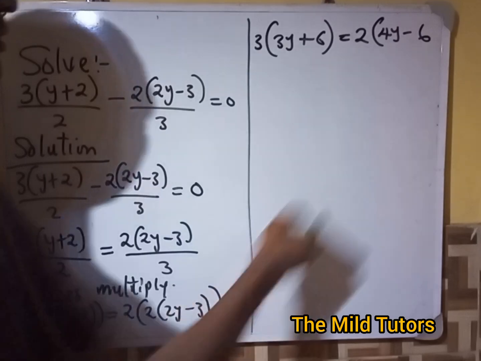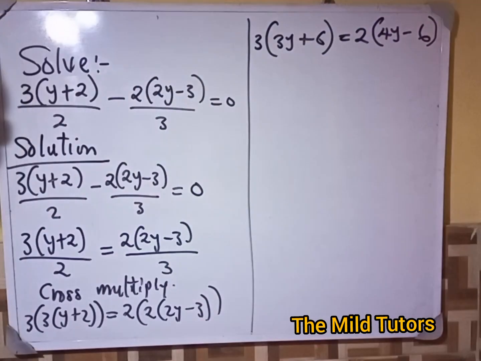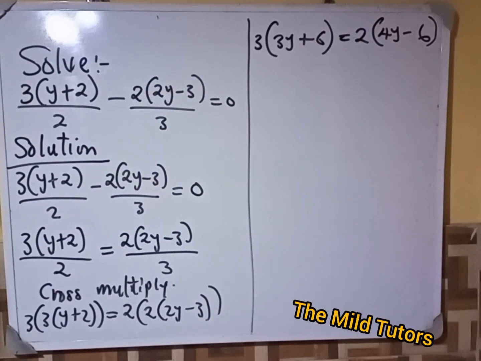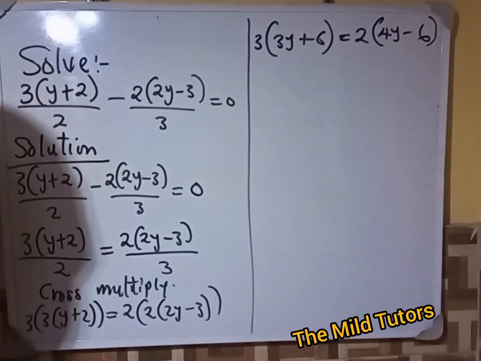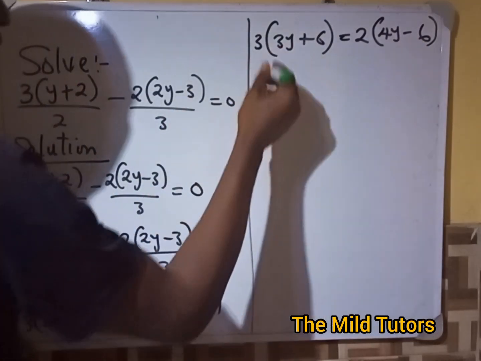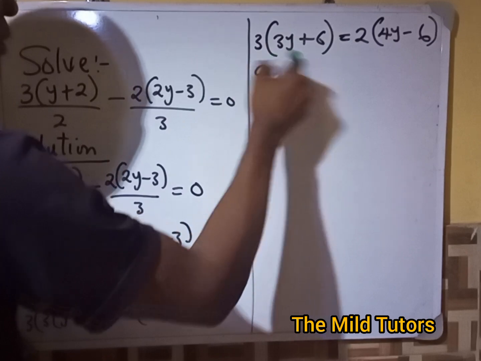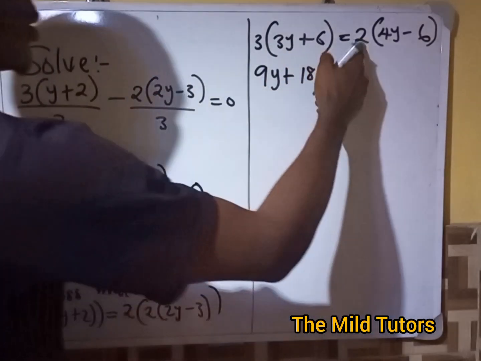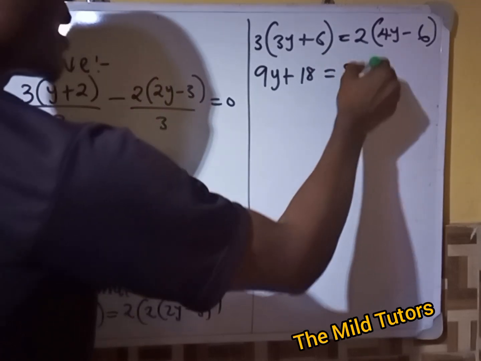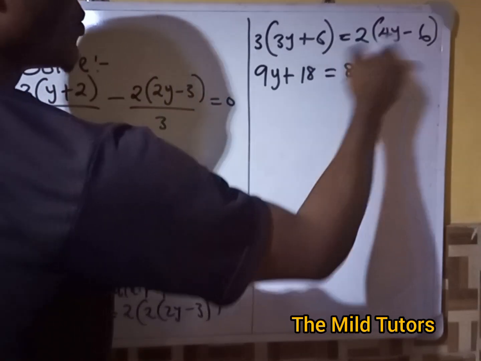That's because we are using the 3 inside the bracket to open that inner bracket. So when that is done, we have this 3 into bracket 3y plus 6 close bracket equals 2 into bracket 4y minus 6. So now we'll use the 3 to open the bracket, and we have this, and we use the 2 also to open the brackets. Is that okay?